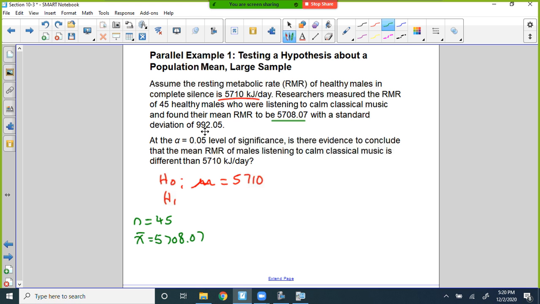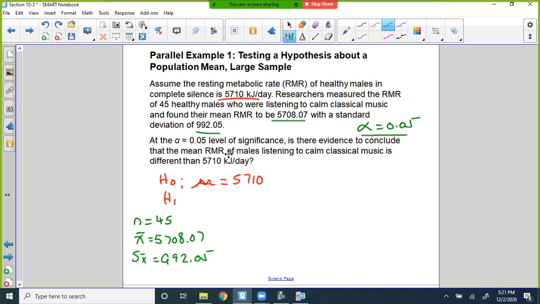And then we've got the standard deviation of this sample mean, which is 992.05. We have an alpha. We'll just do this alpha of 0.05. That's important. The alpha is what we're going to use to do the P value. That's what we're going to compare.